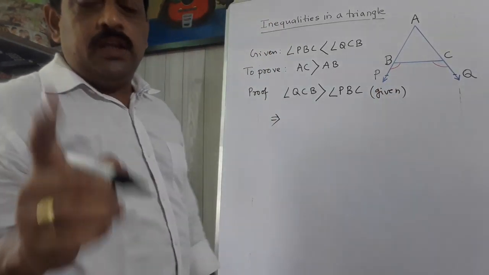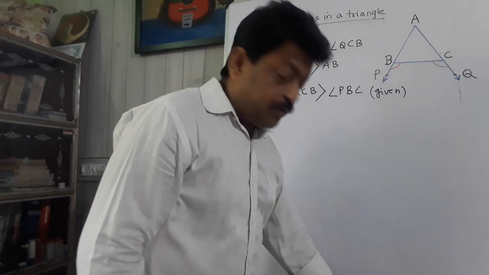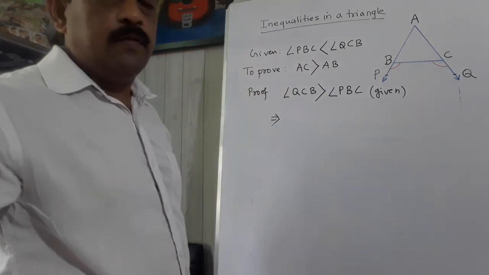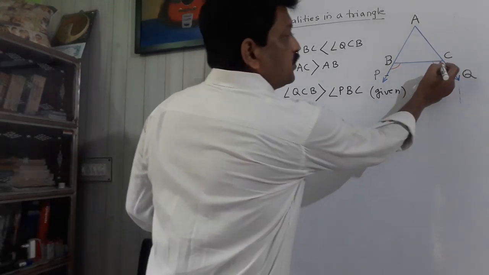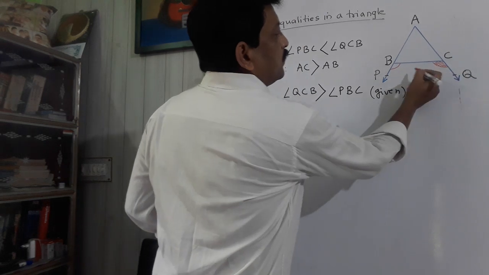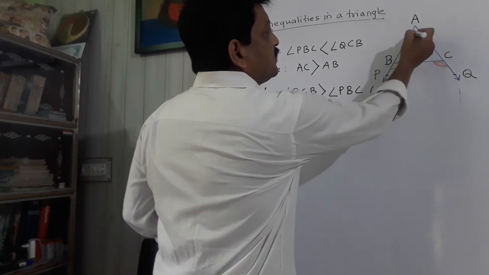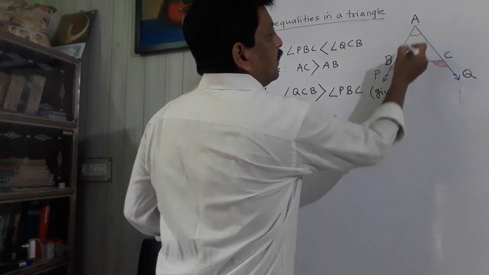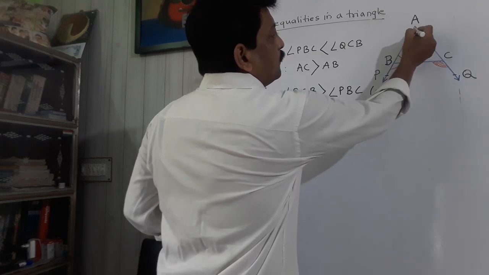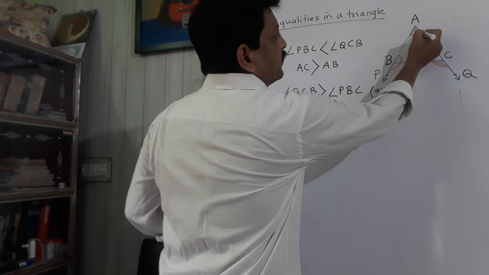Now if we use the exterior angle property, see this angle QCB can be written as angle A plus angle ABC. This is exterior angle property of triangle.